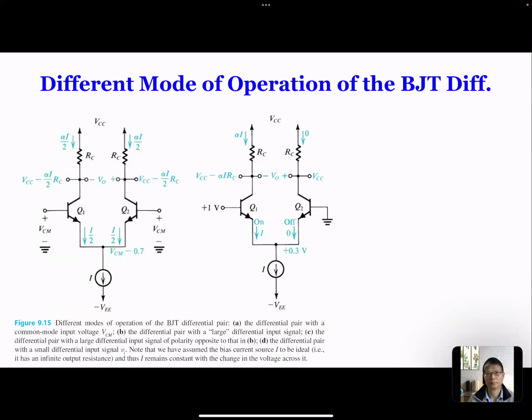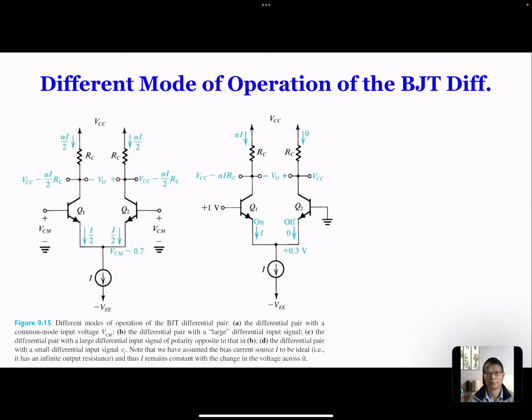And in a little bit, we're going to apply a differential mode. A differential mode means they're different: the voltage over here is going to be different from the voltage over here. So we're going to start with common mode.